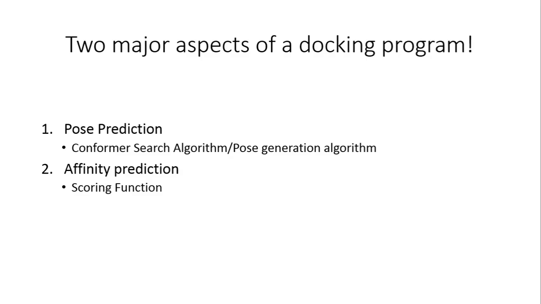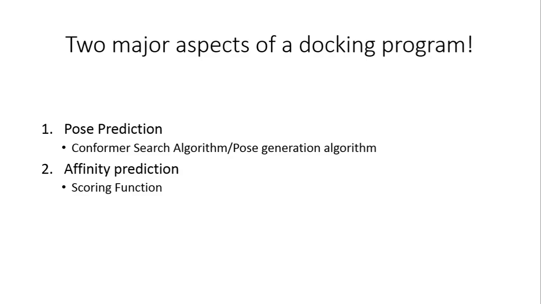And the second aspect of a docking program is affinity prediction, और एफिनिटी प्रेडिक्शन का काम किया जाता है स्कोरिंग फंक्शन से. तो आप एक बात for the sake of simplicity समझ के लीजिए कि whatever docking program you might use, okay, doesn't really matter if it is AutoDock, if it is GOLD, if it is HEX, if it is Glide or Discovery Studio, whatever docking program, each and every docking program has to perform these two tasks. उसको पोस्ट प्रेडिक्शन करना ही पड़ता है और उसको एफिनिटी प्रेडिक्शन करना ही पड़ता है.